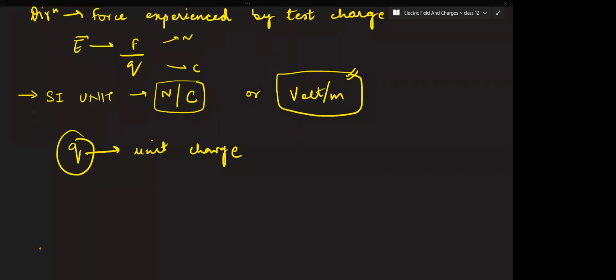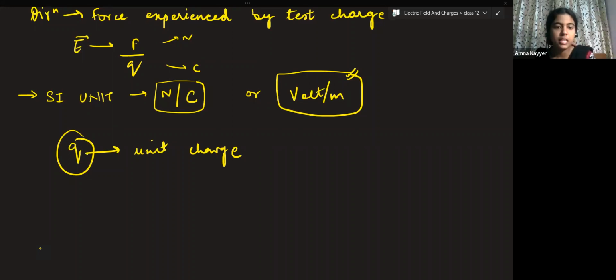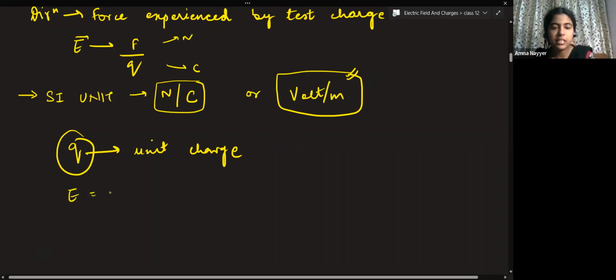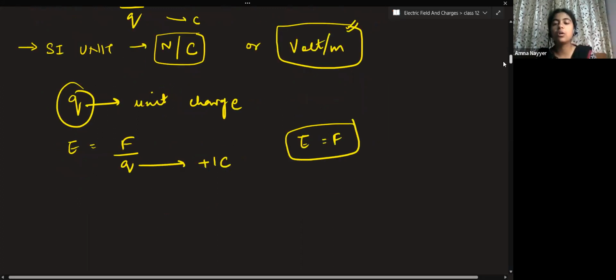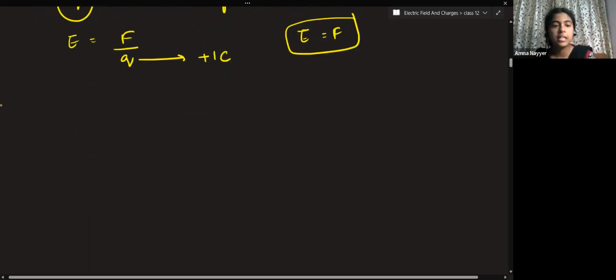Electric field will be equal to the electric force value. See, if electric field is F by Q and the magnitude of Q is +1 coulomb, then simply we can say electric field will be equal to electric force. So now you can easily get the definition of what is electric field.